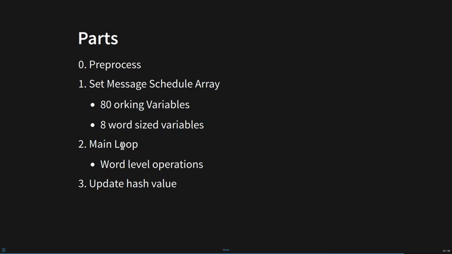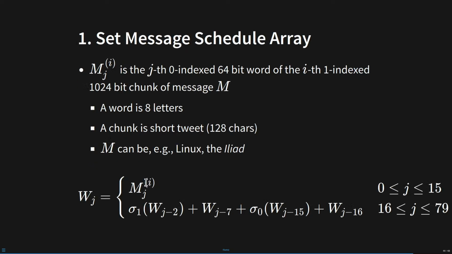Okay. Then you do the main loop, which is word level operations, and then you update the hash value. So how do we set the message schedule array? I have a big thing of many 64-bit words. Specifically, I have 80 64-bit words.